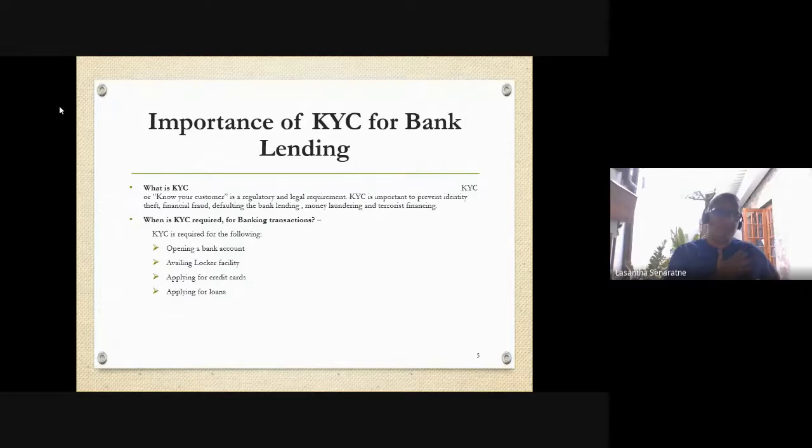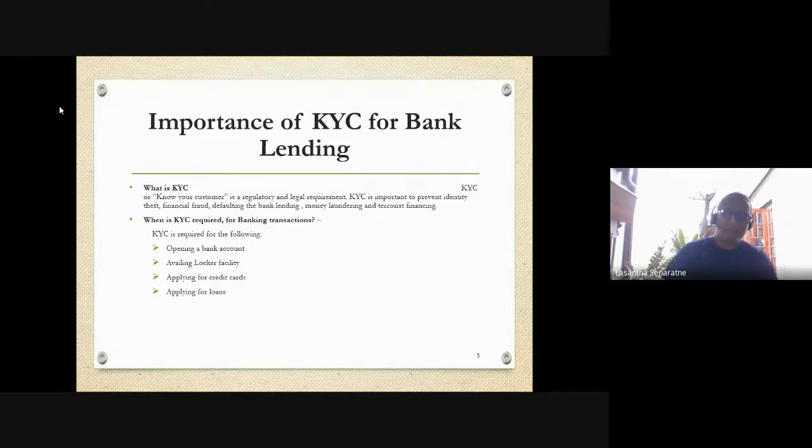Simply, if you know me and my family, you can easily market credit cards. You can easily market different savings accounts for my family. And if you know my behavior or my interest, you can say, okay, why not buy a house? Why not have a better luxury vehicle?